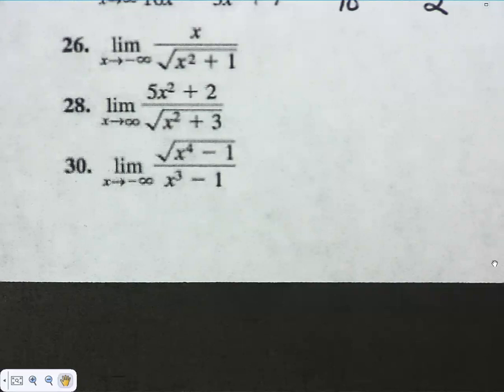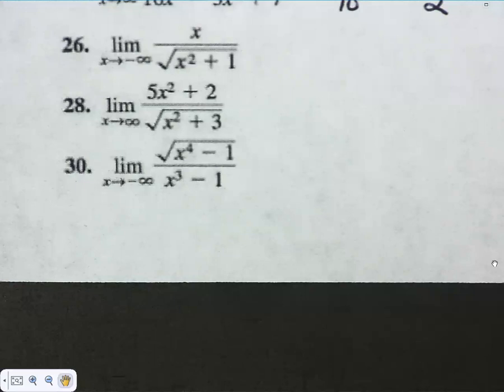You're going to let x be infinity on the calculator? Let's talk about 28 first. It's easiest. The limit as x gets infinitely big.